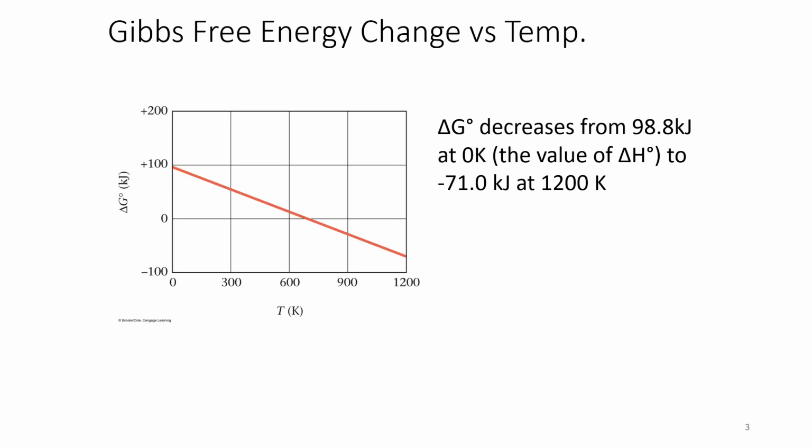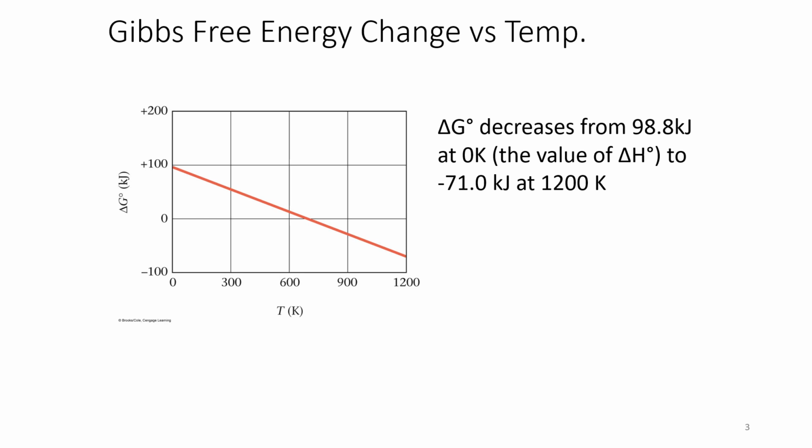So let's take a look at an actual graph where we're graphing our standard Gibbs free energy changes at different temperatures, from 0 Kelvin all the way up to 1200 Kelvin. The reason that I show this is that there is a lot of information that can be gleaned from it.